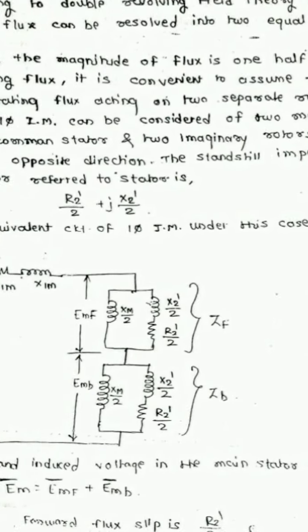For the forward flux the slip value is R2 dash by 2 into S, and for the backward flux it is R2 dash by 2 into 2 minus S. So we can replace this with the help of the slip of the circuit.